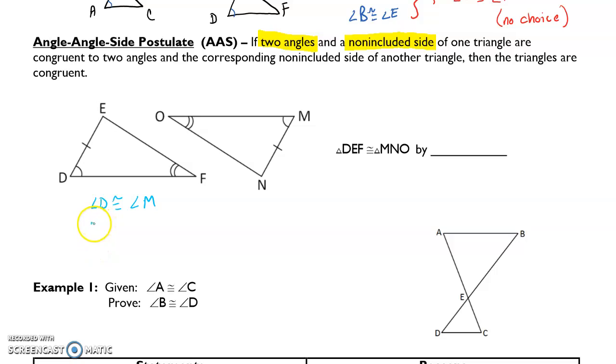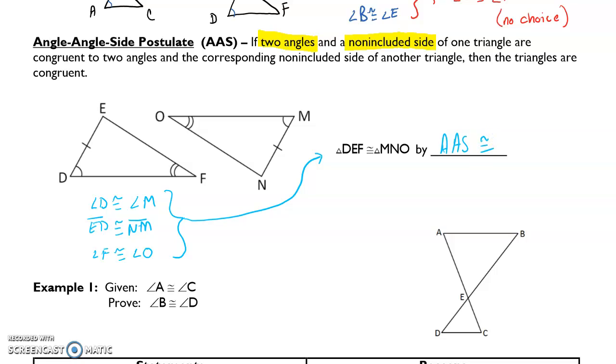We have segment ED congruent to segment NM, given as marked on the diagram. And we have angle F is congruent to angle O, also given as marked on the diagram. These three pieces of information allow me to conclude my triangles are congruent by angle, angle, side congruence.